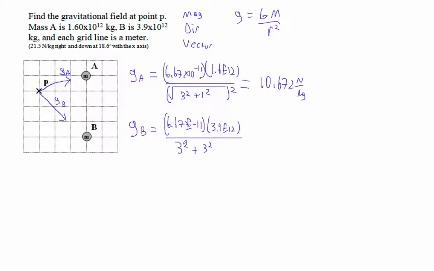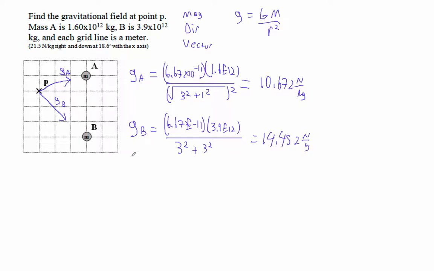Now really what's in the denominator is the square root of that, and then that is squared just like this, right? So 6.67 e minus 11 times 3.9 e12 divided by parentheses 3 squared plus 3 squared. And I get 14.452 newtons per kilogram.